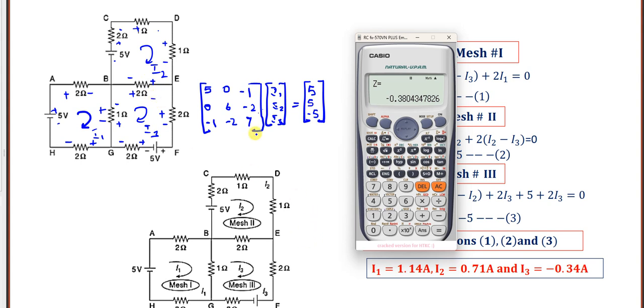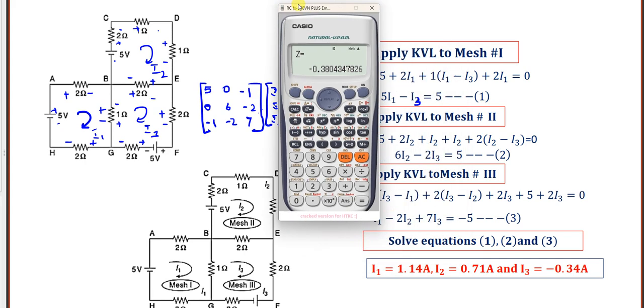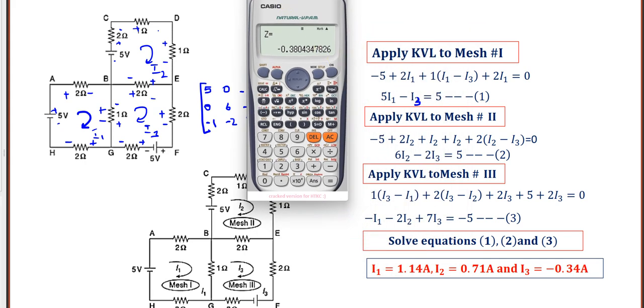Common to 2 and 3 is minus 2. Coming to equation number 3, common to 3 and 1 is minus 1, common to 3 and 2 is minus 2. Sum of resistance in mesh 3: 2 plus 2 is 4, plus 2 is 6, plus 1 is 7.